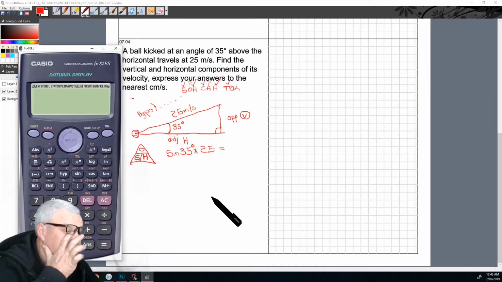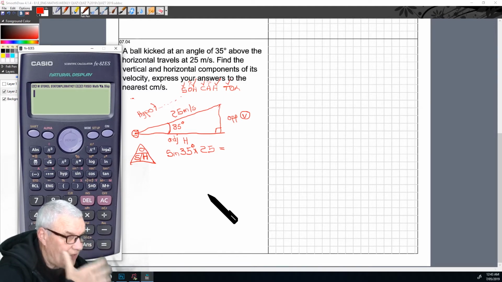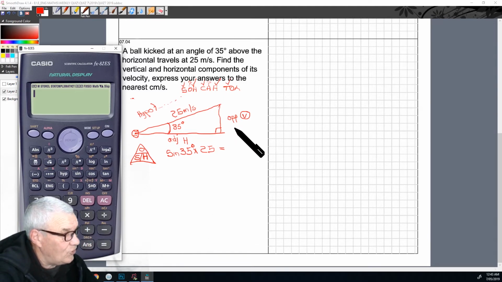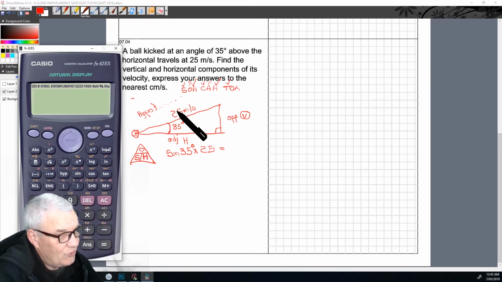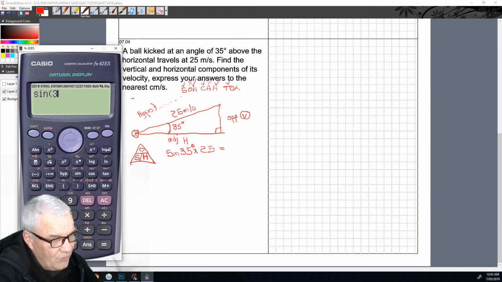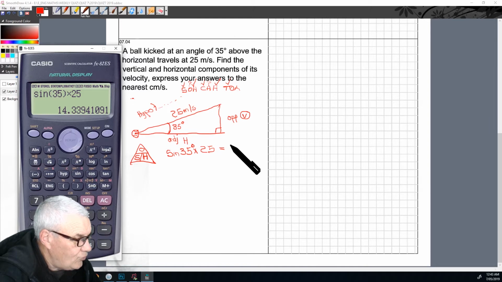Now, there's an expectation that the opposite will be smaller than the hypotenuse. So it always pays to have that in mind as a sanity check. Sine 35, close the brackets, times 25 equals 14.